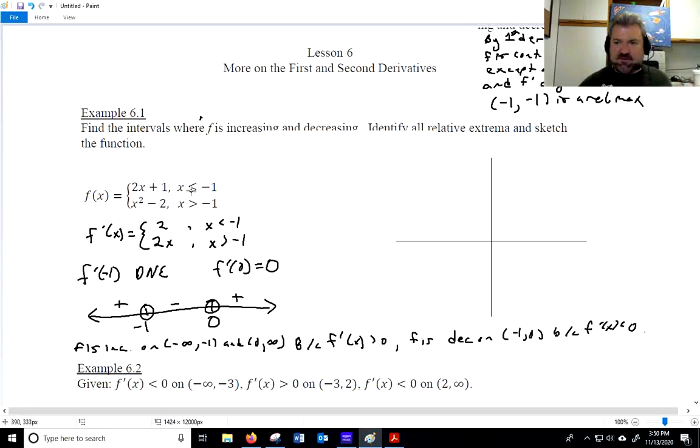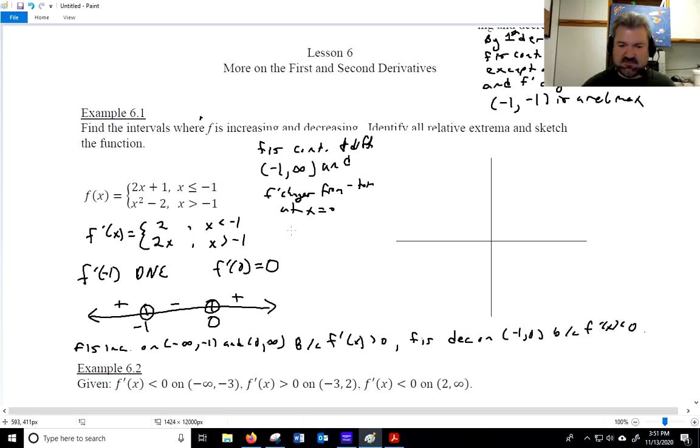And then also by the first derivative test, I know that since f is continuous and differentiable on negative 1 to infinity, now I got an open interval around 0, and f prime changes from negative to positive at x equals 0. I know that 0, comma, for 0 I would use negative 2, is a relative minimum.